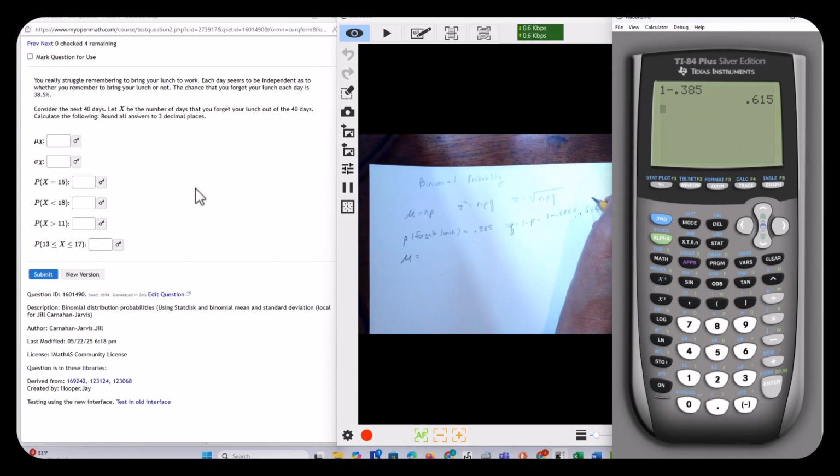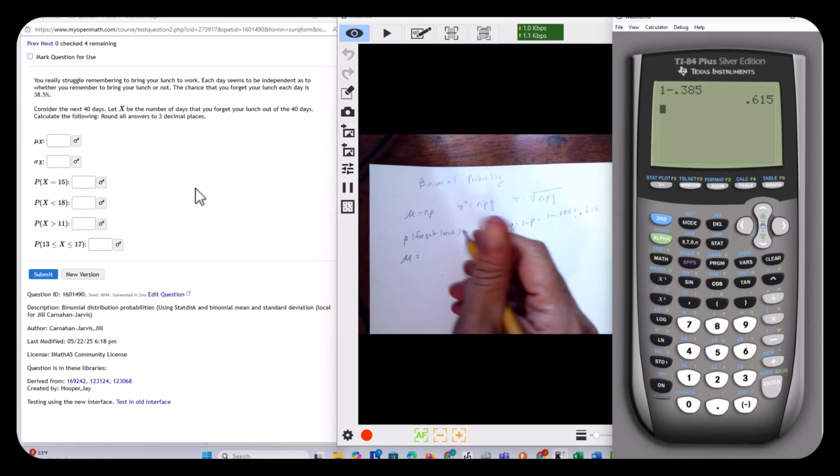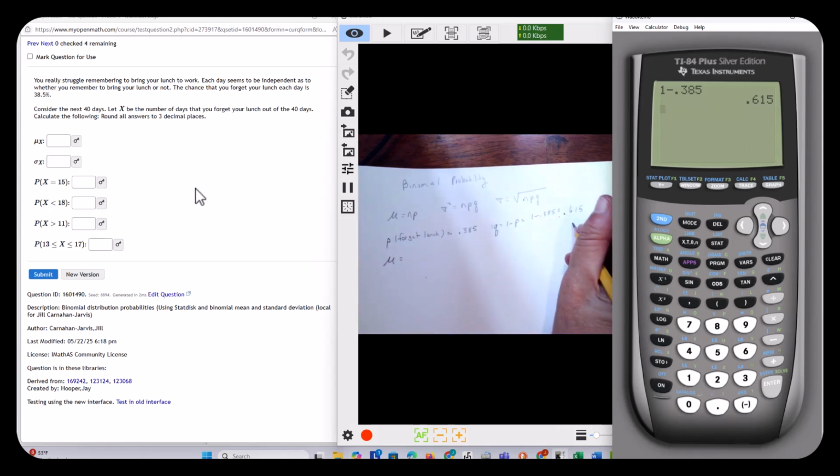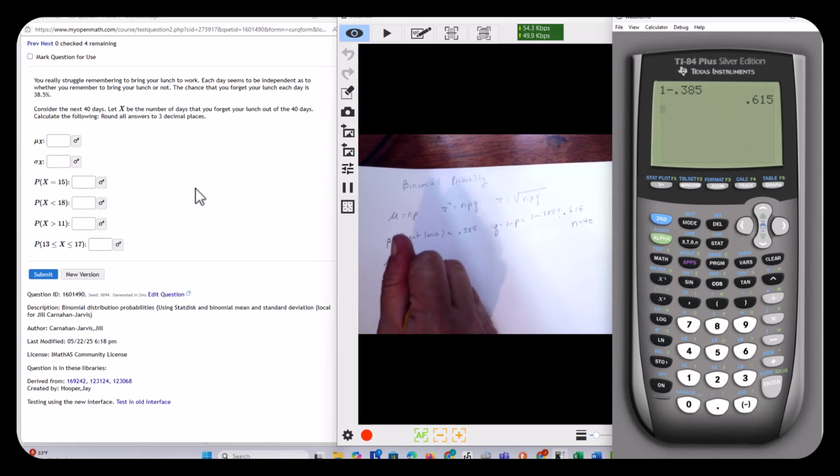So what was our case? n was what, 40? Okay. So 40 times p, 0.385, gives 15.4.